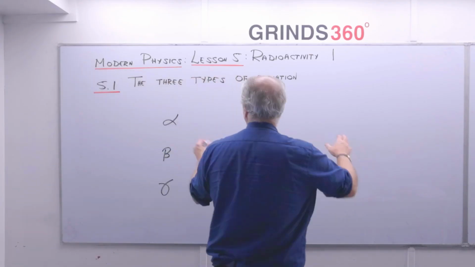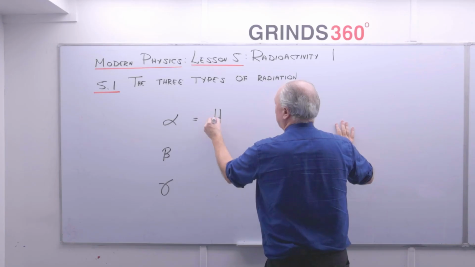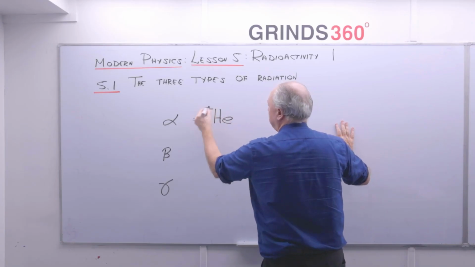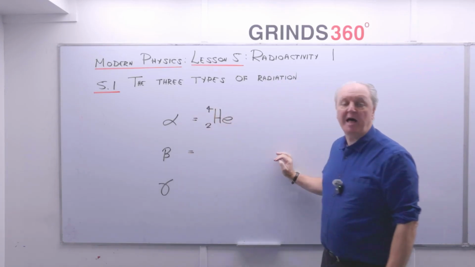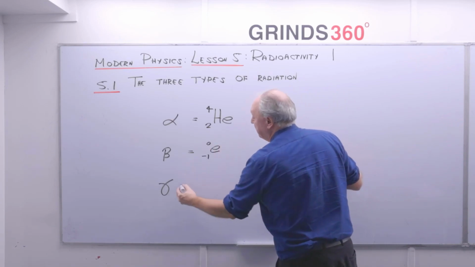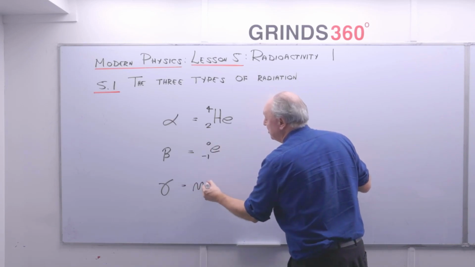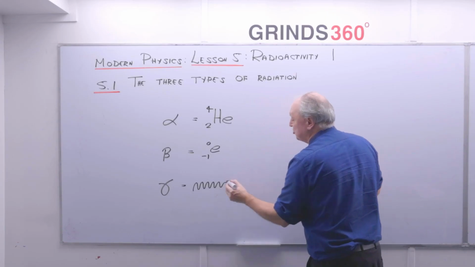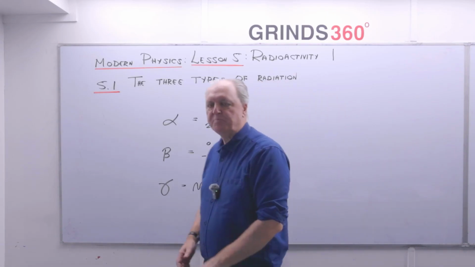We analyzed what alphas are. Alphas are actually helium nuclei, He 2 4. Betas are high-speed electrons. And gammas are high-energy electromagnetic radiation that travels at the speed of light.